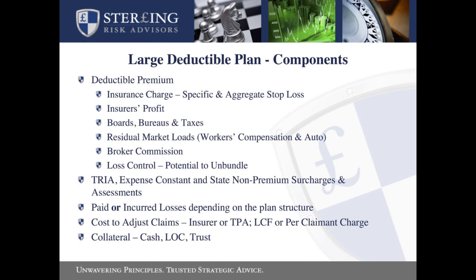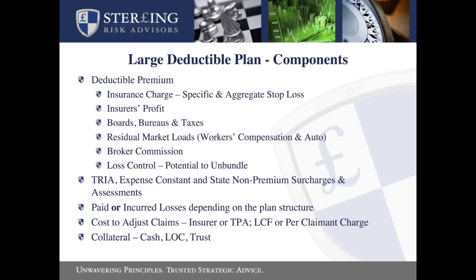These are generally the components of it. You'll have an insurance charge, which covers severity losses and frequency losses. The insurance company's profit. Board fees and taxes are just pass-throughs from regulators in the state. You'll have residual market loads, which cover the obligation of the insurance company in the assigned risk, the broker commission, and then loss control.